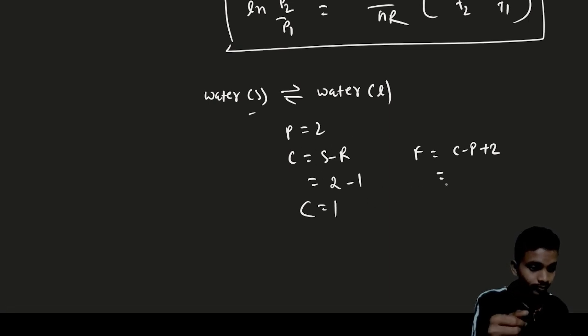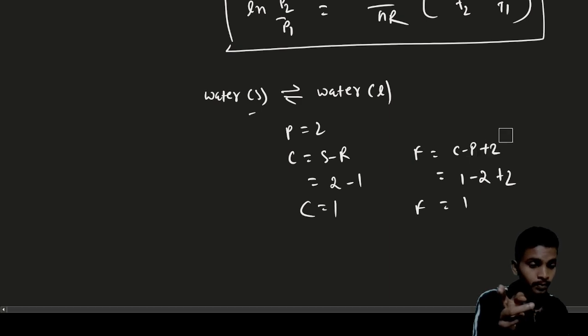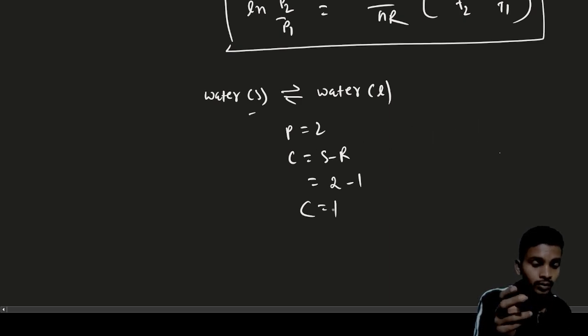So component is 1 and phases are 2, so 1 minus 2 plus 2, so F is 1. Okay, so components 1 and phases 2 here.